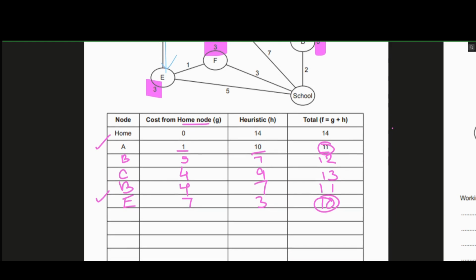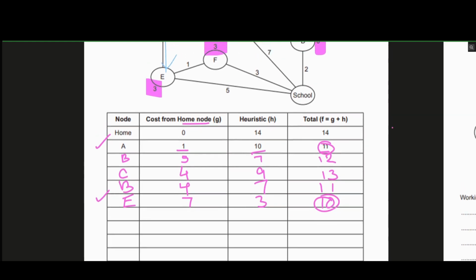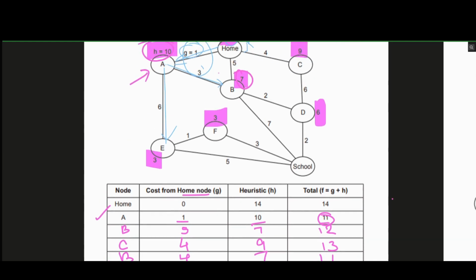Then from E, which paths does it go to? F, and it is also going to school.